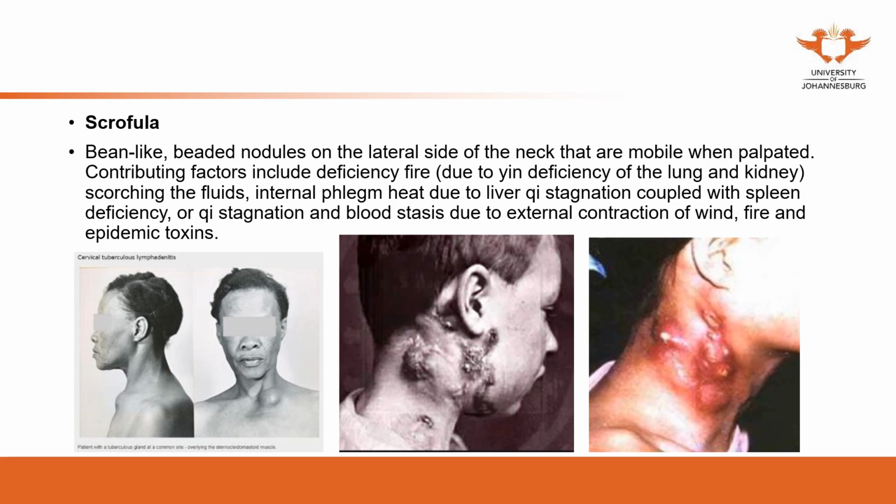You can see in the image that the patient presents with enlarged nodules around the neck. When the nodules go one by one like this, it looks like a necklace. That's why it is described in Chinese medicine as bean-like or beaded nodules. That's the manifestation of this problem.